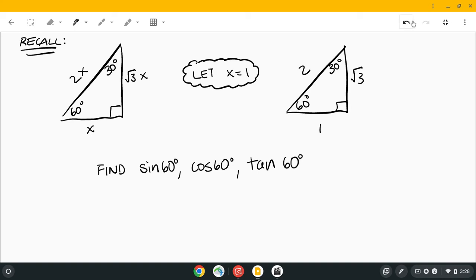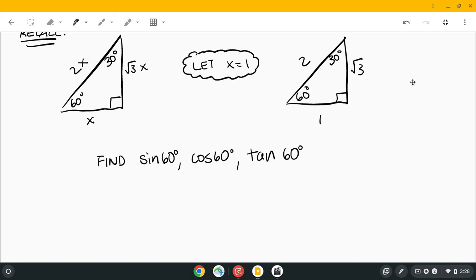Sine of 60, using SOH CAH TOA, is opposite over hypotenuse, so that's square root 3 over 2.